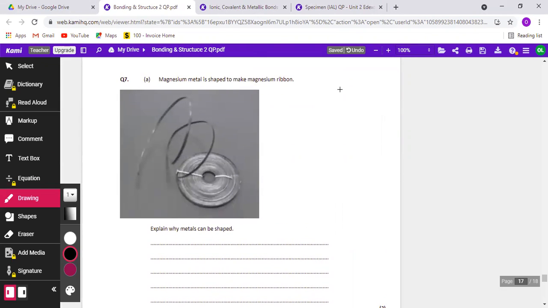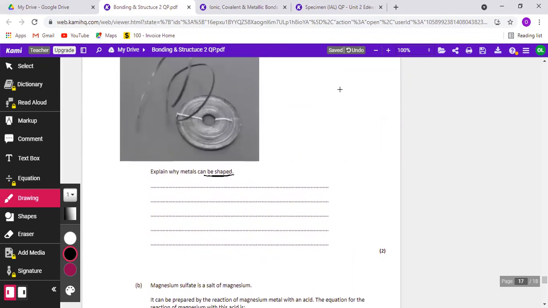Magnesium metal is shaped to make magnesium ribbon. Explain why metals can be shaped. Because metals are malleable. Remember? So you will first write that metals are malleable.